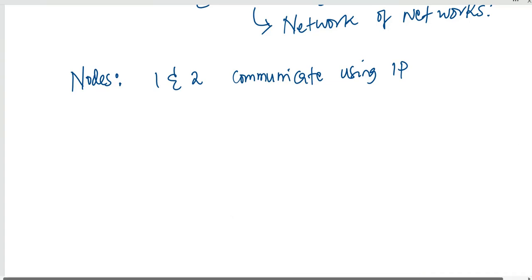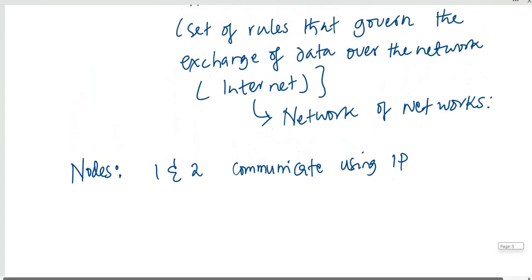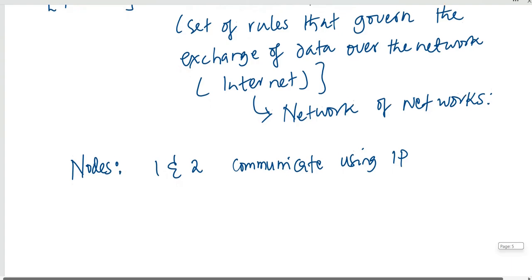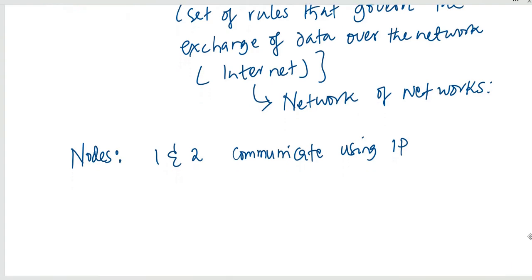Okay. So basically, how I have understood from him is that an IP address helps different devices to communicate or exchange data. The protocol itself is like a set of rules. So an internet protocol is a set of rules that governs the exchange of data or information over a network, and the network we are specifically talking about is the internet.